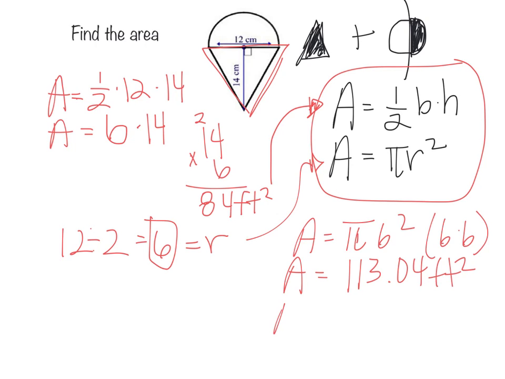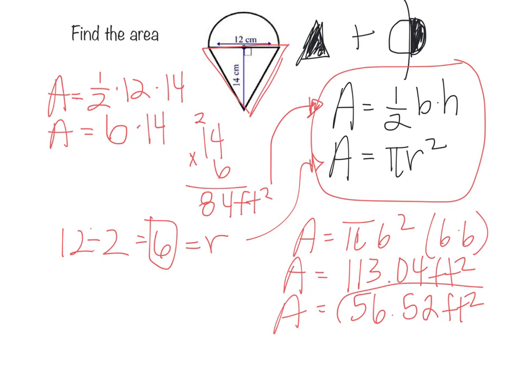And I also know that half of this is 56.52 feet squared. Math is all about finding the shortcuts, people. If we already did the work, we don't need to do it again. I've already solved for this.